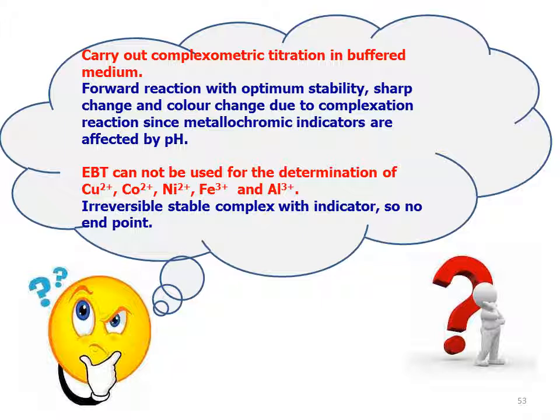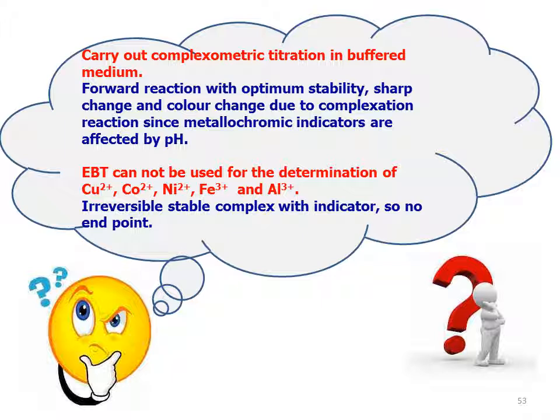So that it could shift the reaction forward towards the formation of a stable complex. The other answer is to keep the forward reaction at optimum stability and give a sharp color change due to the complexation reaction, since the metallochromic indicators are affected by pH.